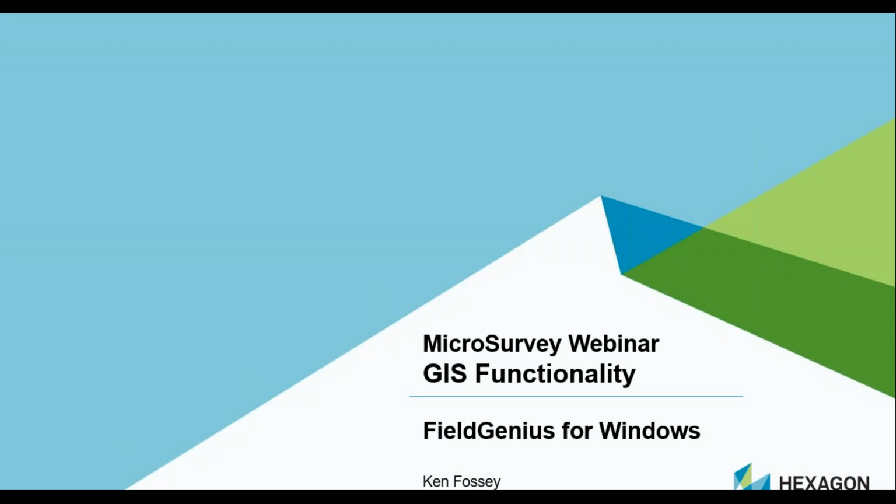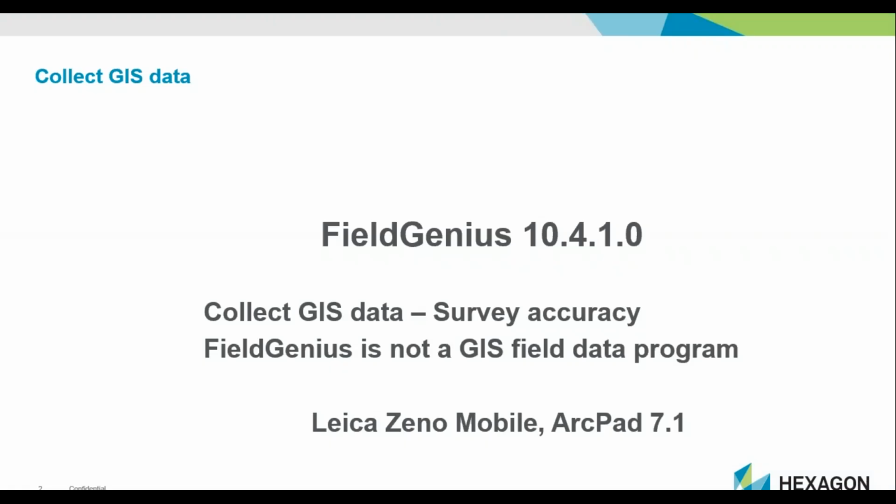Today I wanted to cover GIS functionality in FieldGenius. And so FieldGenius is a survey product. We built this originally for surveying, but of course as GIS came along, we had requests to add some basic functionality to FieldGenius so that if surveyors were out in the field doing survey work, they could collect some basic GIS information without having to use another application, another hardware and everything.